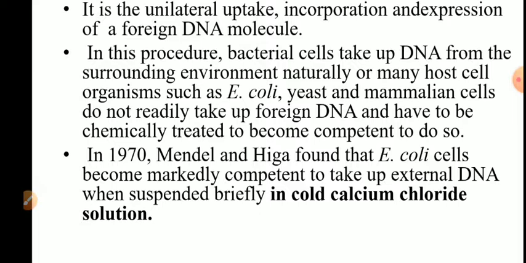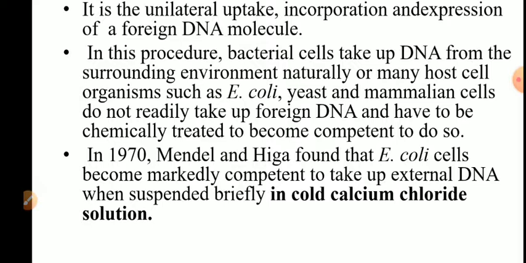Hence, in that case, the cells have to be treated chemically. Which chemical? Especially calcium chloride treatment is given to cells like E. coli, so that they become competent, they become permeable, and they take up the recombinant DNA.